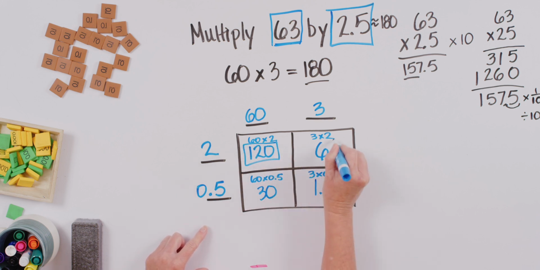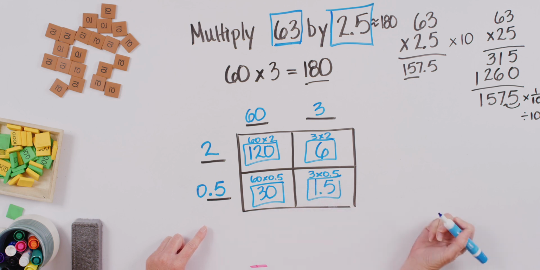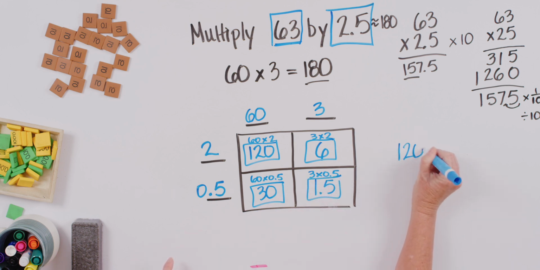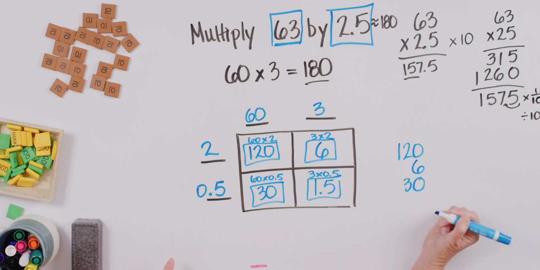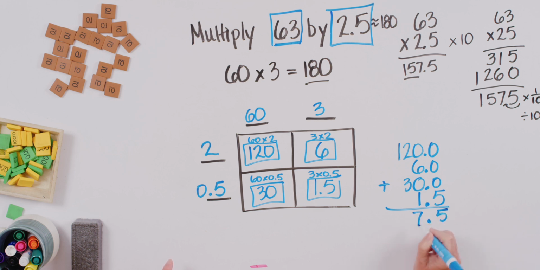So now, what do you think we're going to do with all of our answers here? We're going to add them together. We have 120, 6, 30, and 1 5/10. Again, make sure you get all these in the correct place value, and we should get, phew, good, 157 5/10.